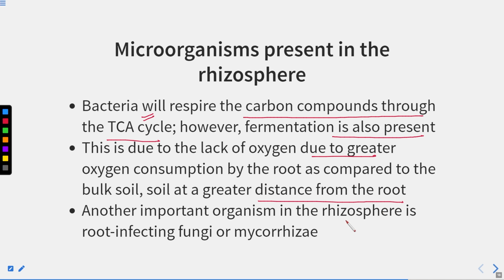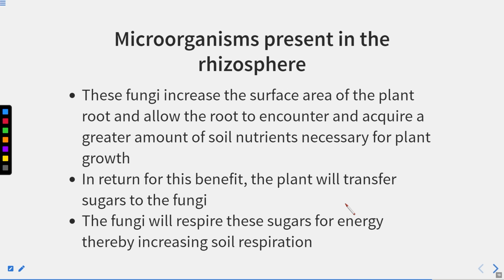Another important organism in the rhizosphere is the root infecting fungi or the mycorrhizae. So mycorrhizae are the fungal association with the higher plant roots. These fungi increase the surface area of the plant root and allow the root to encounter and acquire a greater amount of soil nutrients necessary for plant growth.